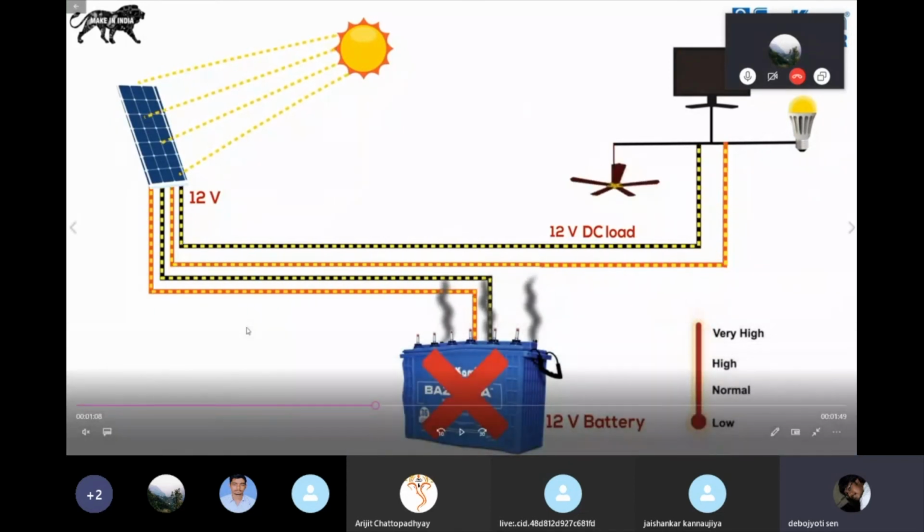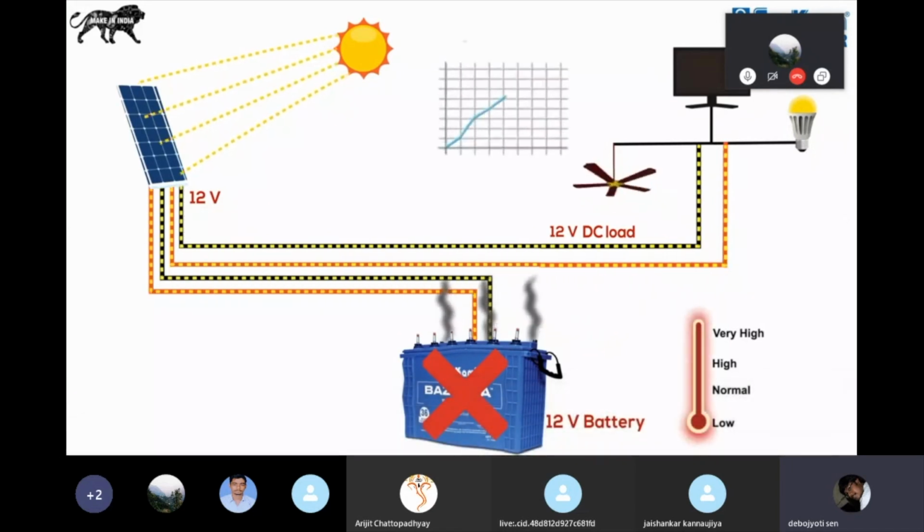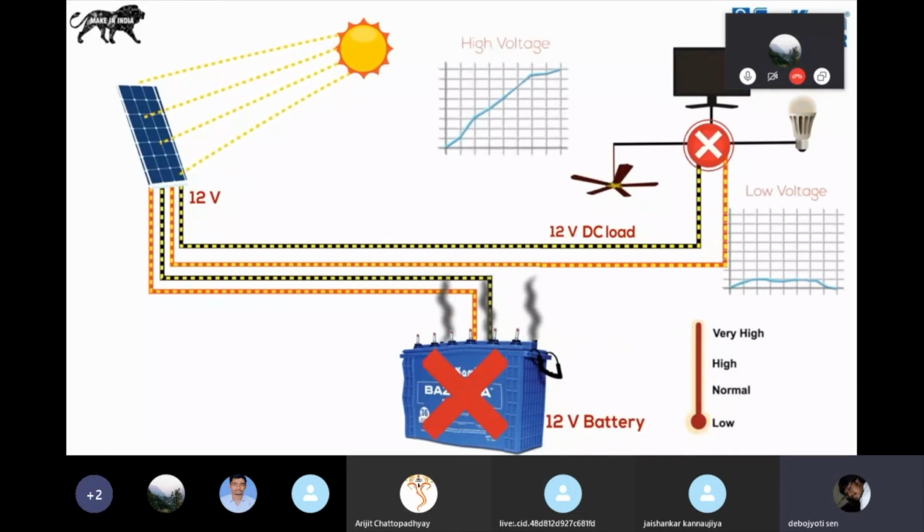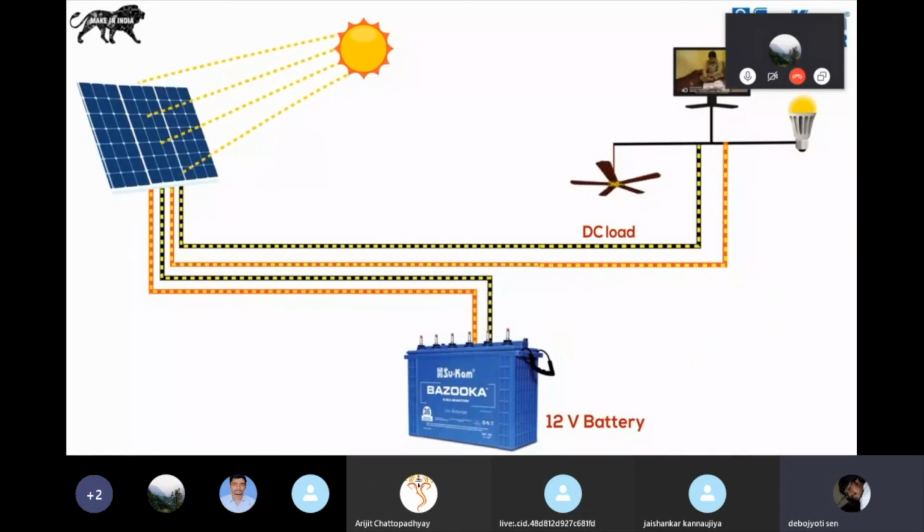When the voltage is much higher, the fan will rotate at a higher speed. When the voltage is lower, the fan will rotate at a lower speed, and this voltage fluctuation will ultimately damage the DC loads too. With high voltage they can be damaged, and with low voltage they might not operate or operate at a very low speed.